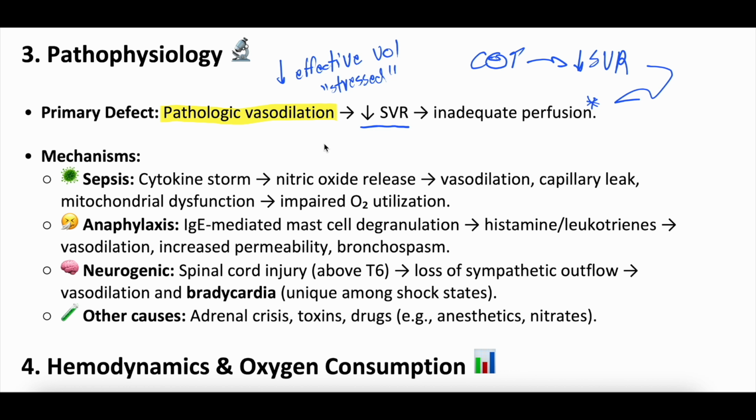Now, the different subtypes of distributive shock here are important. Okay, and this is the first time we're going to talk about this. So distributive shock is an umbrella term. All right, it is an umbrella term meant to describe several different causes of shock that behave in a similar-ish, emphasis on the ish, fashion.